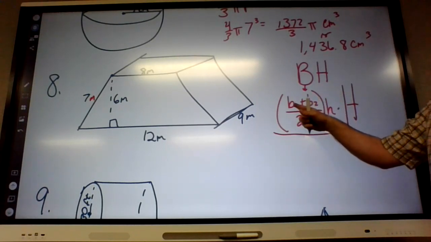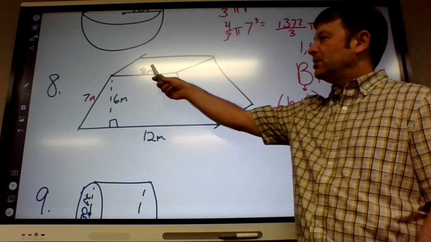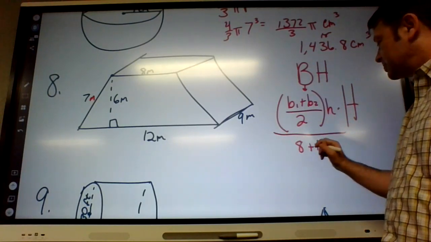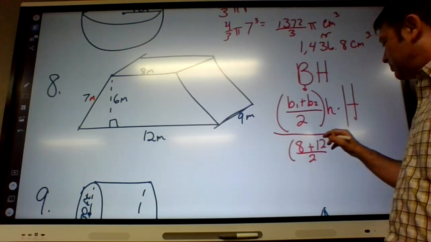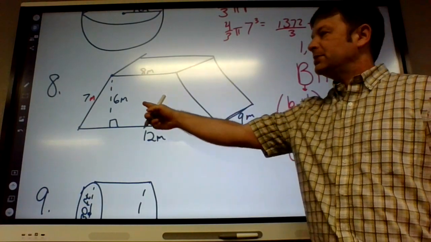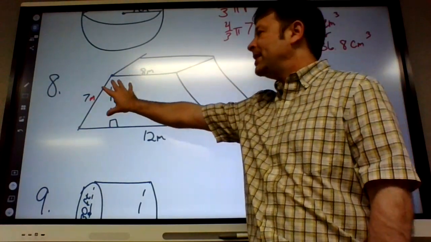So the base 1, what's base 1 and base 2? The 8 and 12, the bases of the trapezoid. Okay, multiply that times the height of the trapezoid, 6. That's the area of the trapezoidal base.